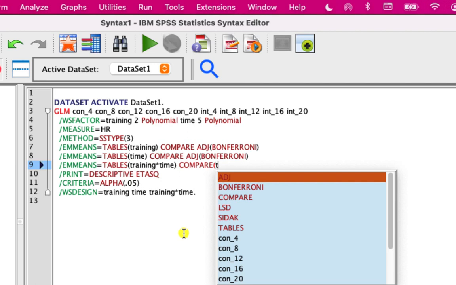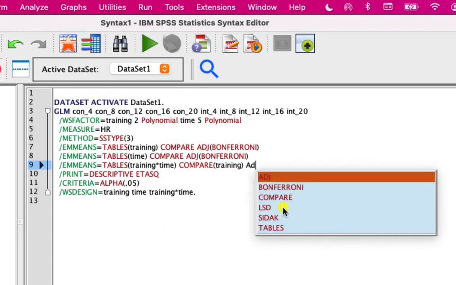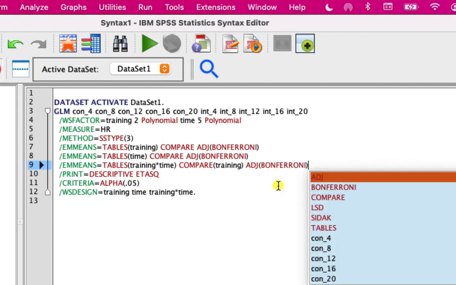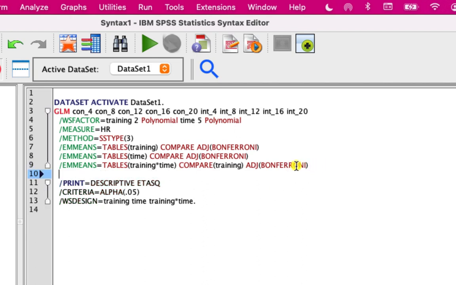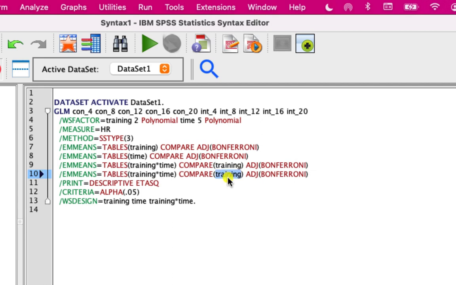So I'm going to compare training using Bonferroni adjustment. So this is fairly similar to last week. Okay. I'll enter down to the next line of code, and then I'll copy and paste and change training to time.